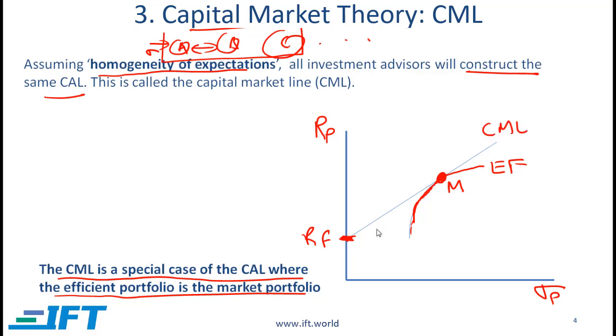What we now need to do is derive the equation for the capital market line, and we'll use this basic relationship which says that y is equal to the intercept plus the slope times x. In our illustration, the y is the expected return on the portfolio.